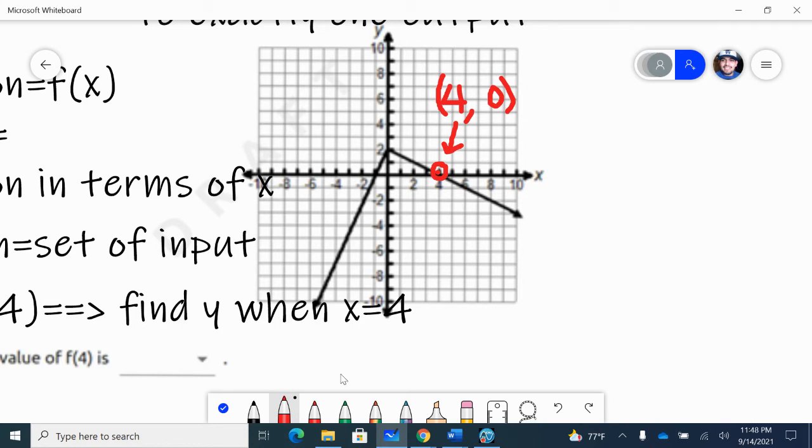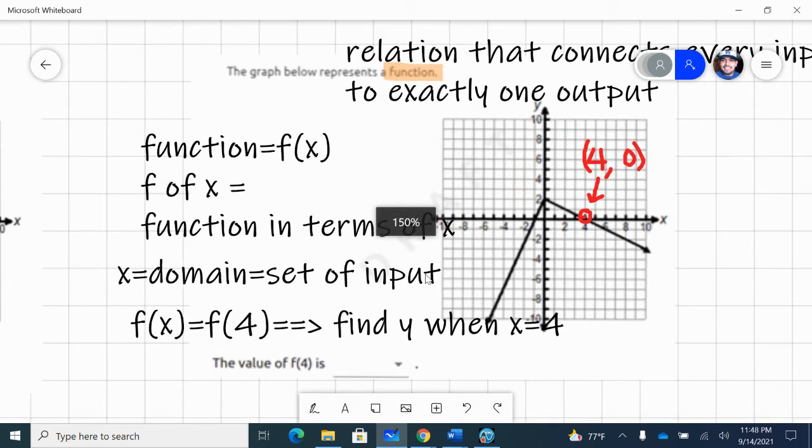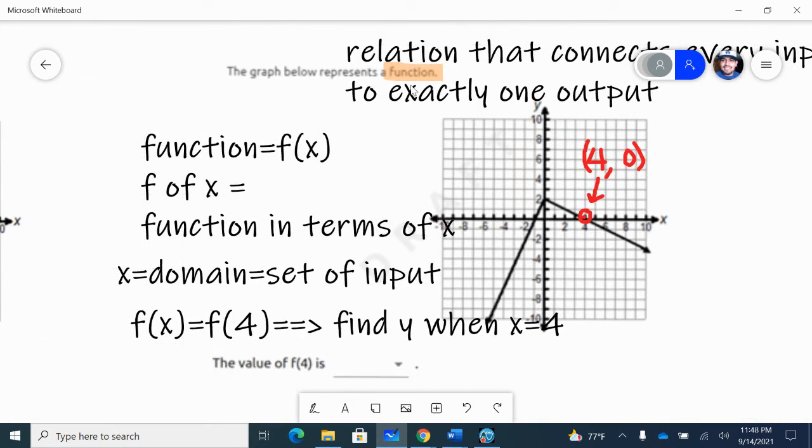Again, I'm going to go way back here because I know this might be a lot of verbiage, but let's recall a function is just a relationship. It's an equation. We don't have the equation, but we're given the graph that connects every x to every y. We get this line, which is nothing more than a set of infinitely many points. So f of x is just a function, pronounced f of x, not multiplication.